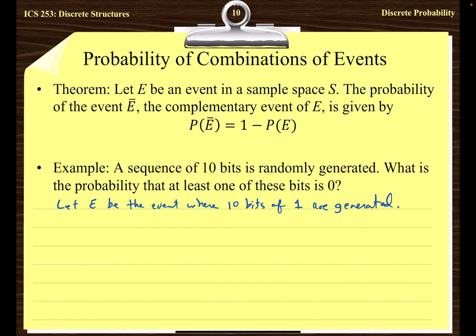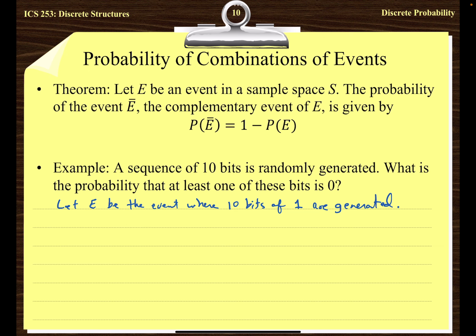Then what we want is the probability of what? If E is the event that 10 bits of 1s are generated, we want E complement, right? We want to find the probability of E complement.